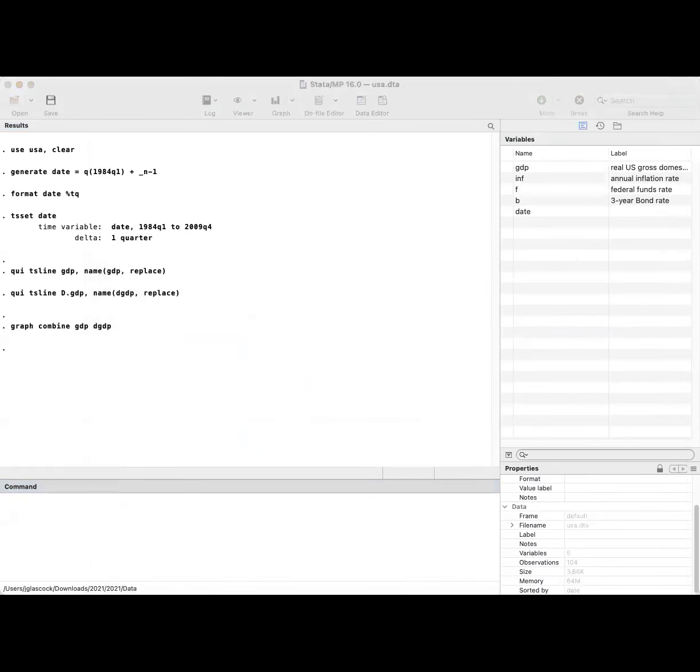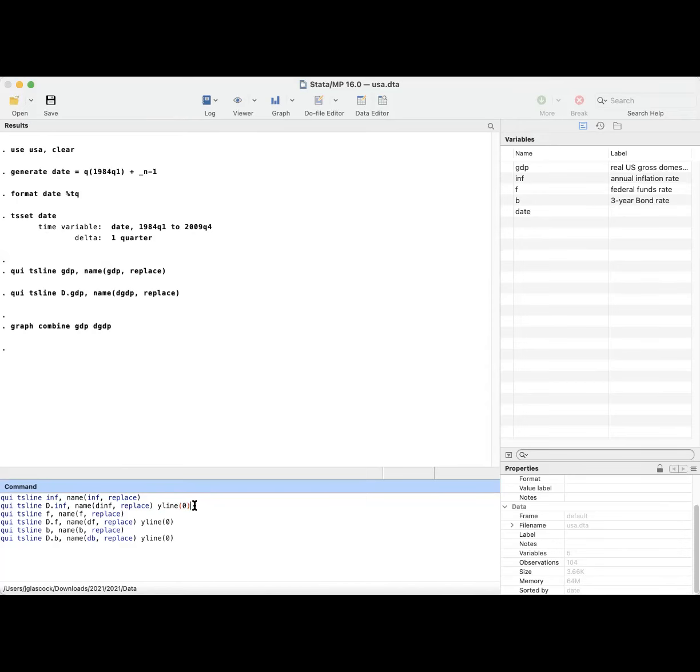We will use the same command to generate line charts for the other three time series: inflation rate, federal funds rate, and 3-year bond rate, both the level and the first difference. You may notice that I put yline and 0 in the set of brackets over there.